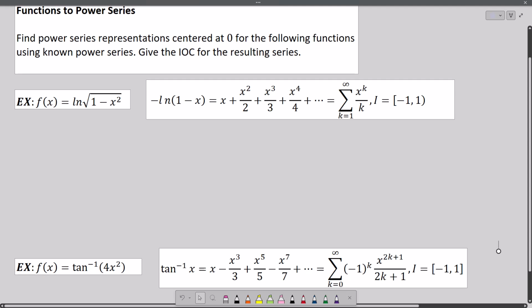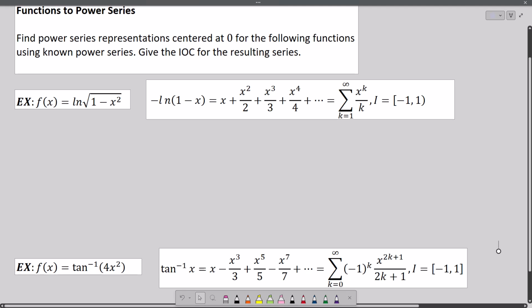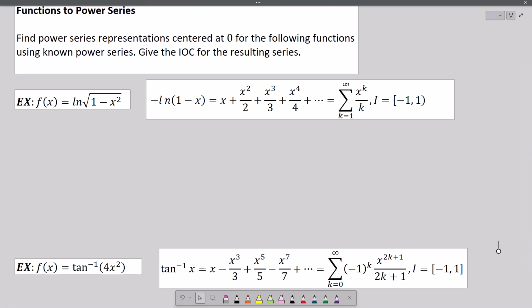So let's take a look at these two general examples. If the center of a power series is 0, and they ask us for a power series centered at 0, it's very common that we can just modify one of the known power series.